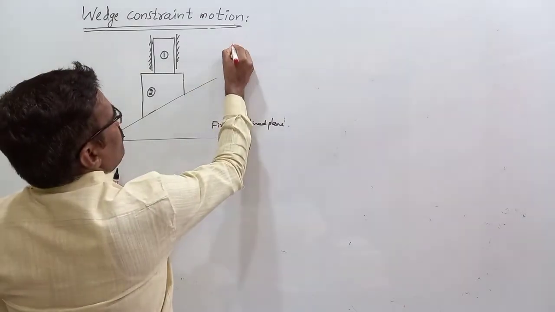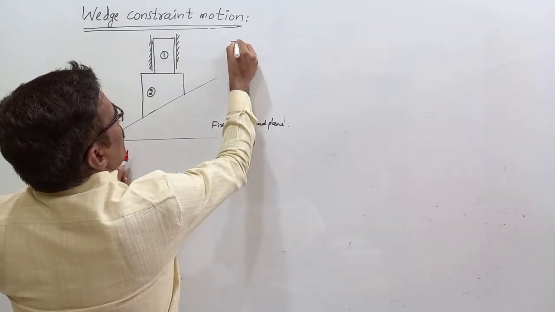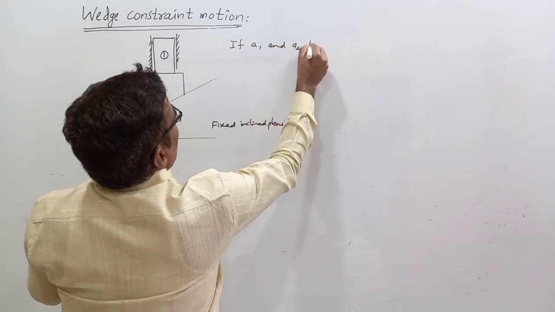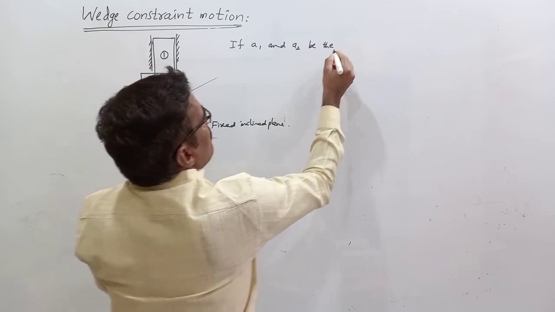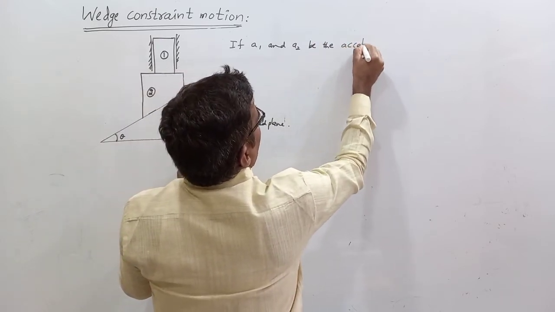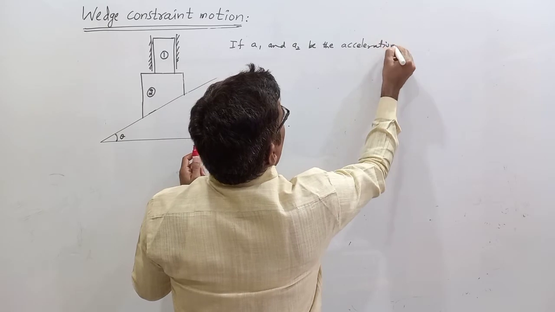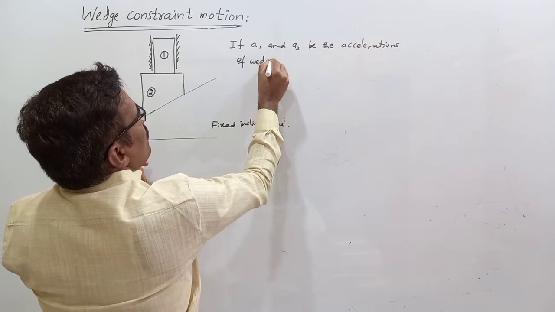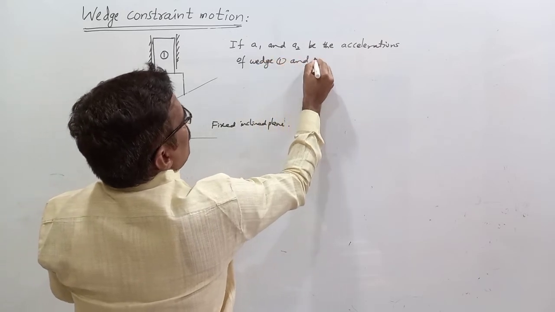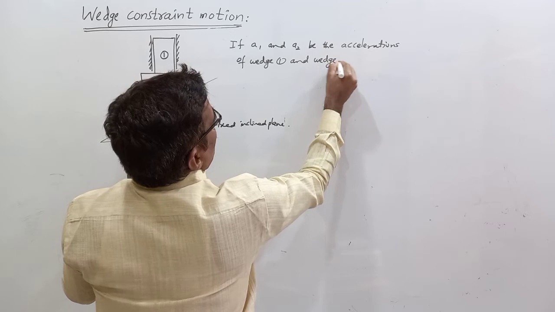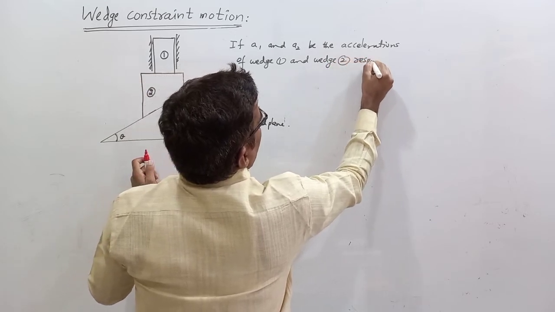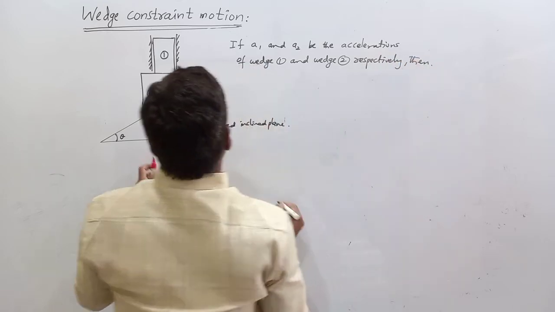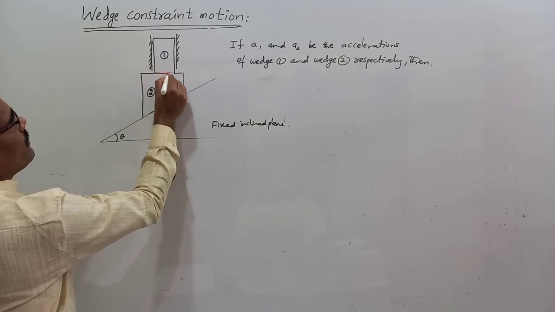If A1 and A2 are the accelerations of wedge 1 and wedge 2 respectively, then what is the relationship between them? This is the contact surface.